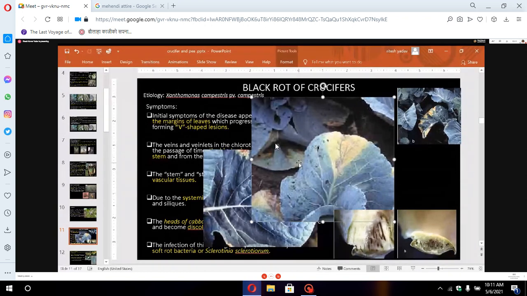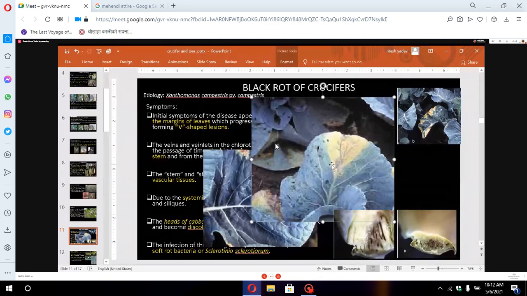So, to see that, people mostly just look at the top and immediately conclude, "this is black rot." But that is wrong. So please always make sure that you observe the lower side of this lesion, the back of it, to see if it is black rot, or if it is infection due to Xanthomonas campestris pv. campestris.